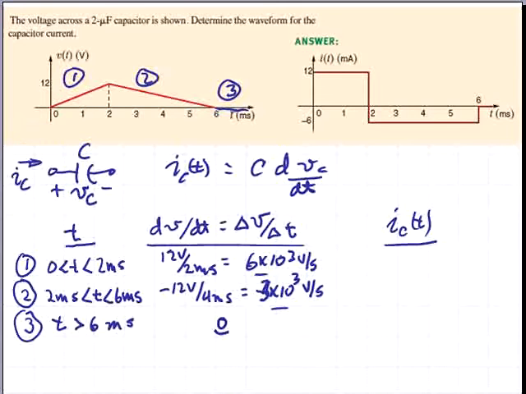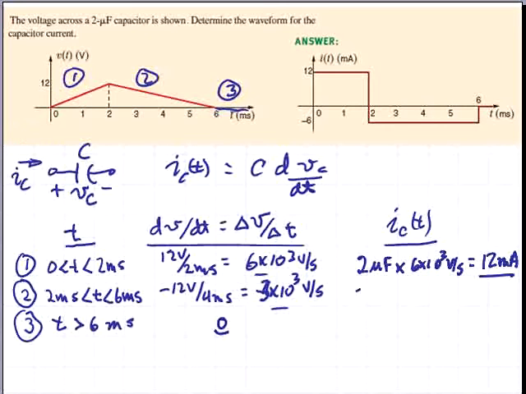Now we can calculate the capacitor current components for each of these time segments. For the first time period between 0 and 2 milliseconds, the capacitor current will be the C, which is 2 microfarads, times 6 times 10 to the third volts per second, which gives us a current of 12 milliamps.